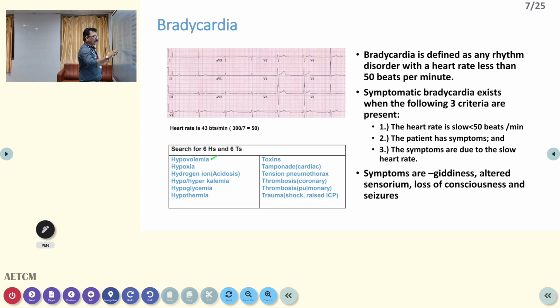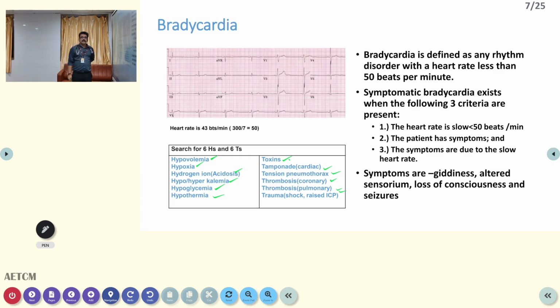Normally, hypovolemia, hypoxemia, acidosis, hyperkalemia, hypoglycemia, hypothermia, some toxins like OP poisoning, cardiac tamponade, tension pneumothorax, coronary thrombosis, pulmonary thrombosis, raised ICP, all these things can sometimes produce bradycardia. But if the patient is asymptomatic, asymptomatic bradycardia should not be treated. So that is very important.